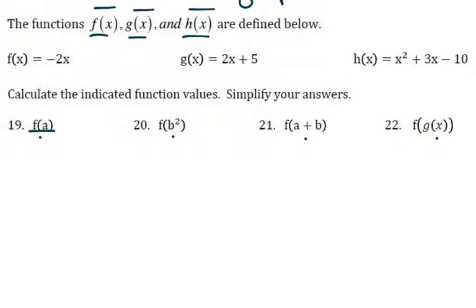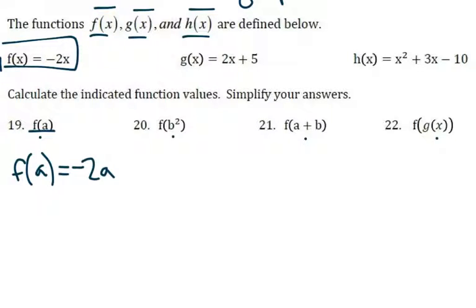So f of a, so I take this function, replace all the x's with a, and simplify if I can. I can't, so I'm good. Same with 20. Replace all of x with b squared, and we're good.